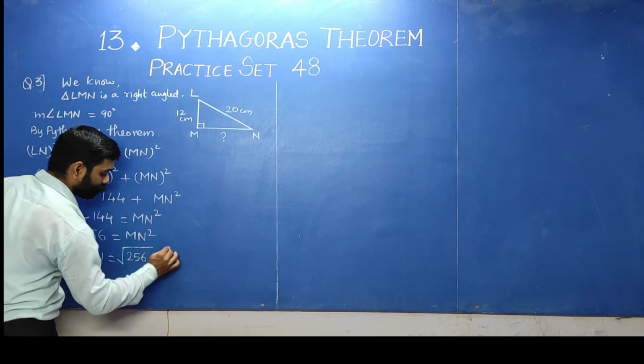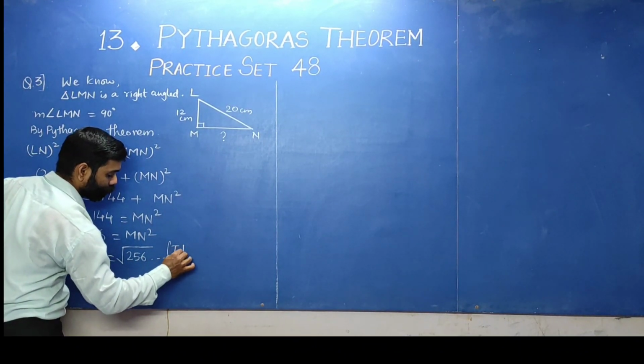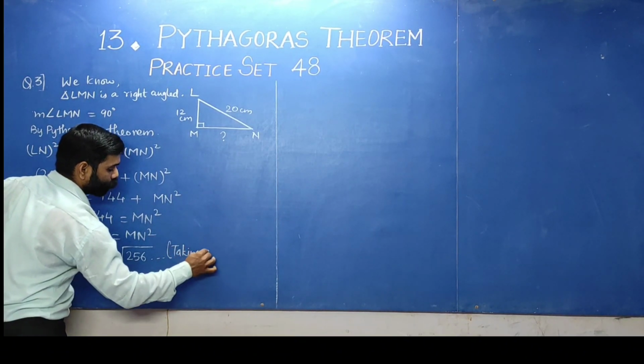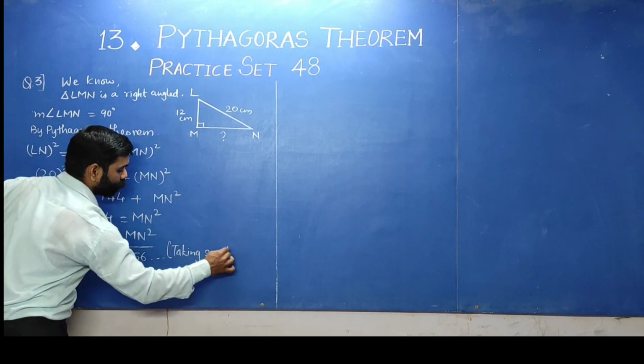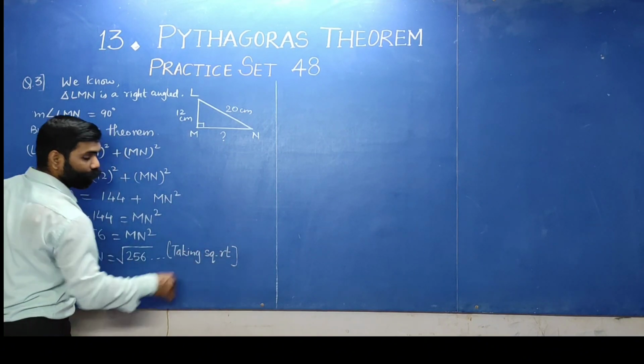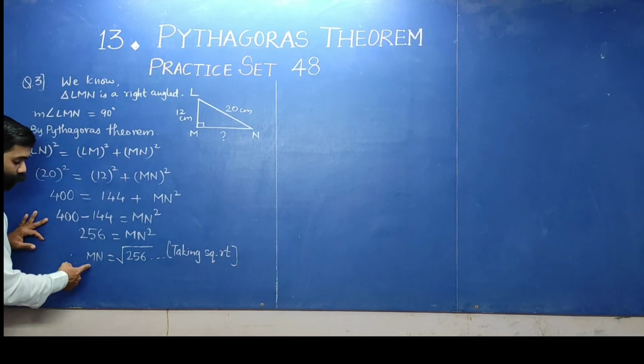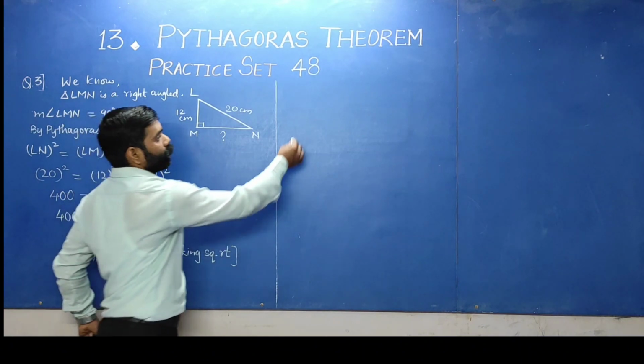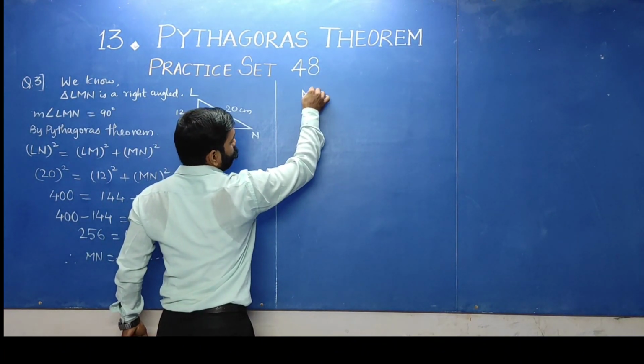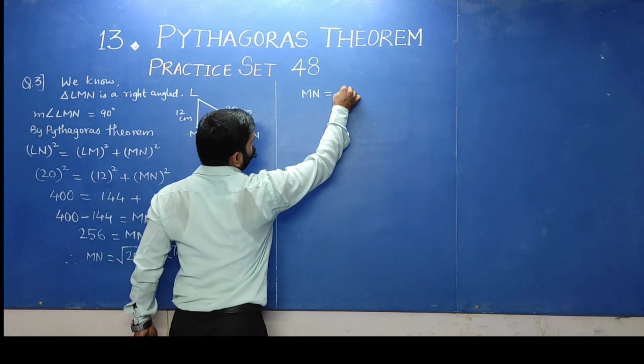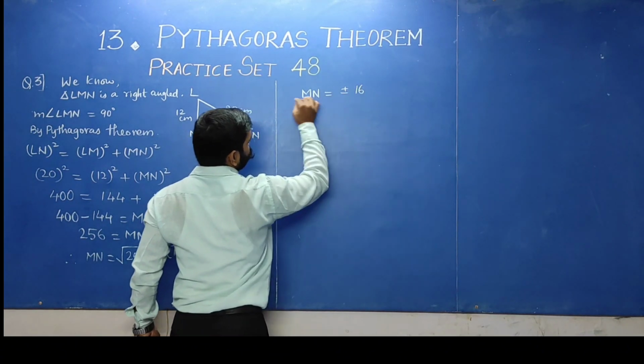We will write taking square root. This is the reason students you must write it. So taking square root, I will get MN is equal to plus minus 16.